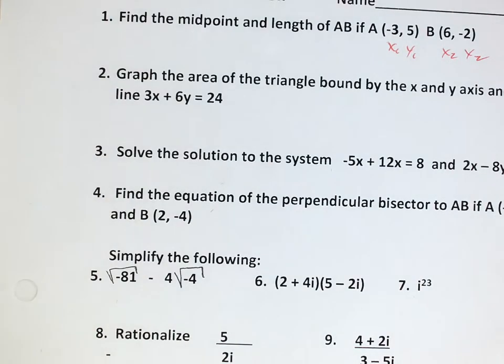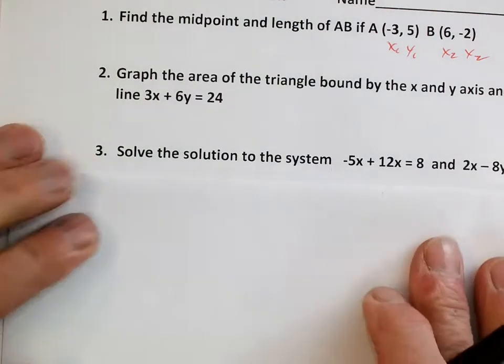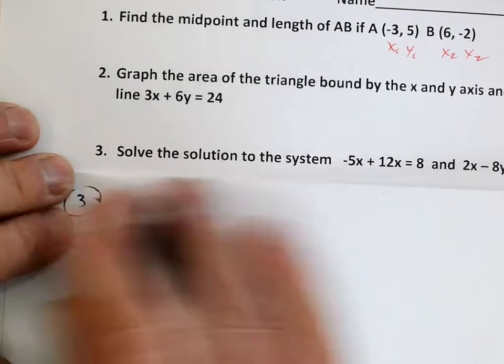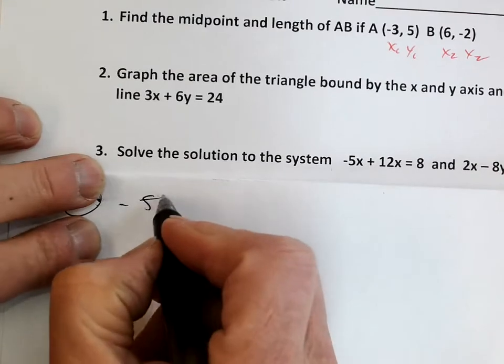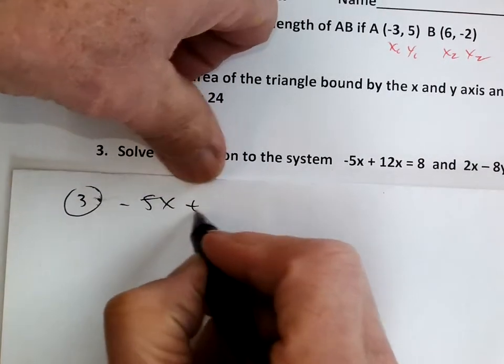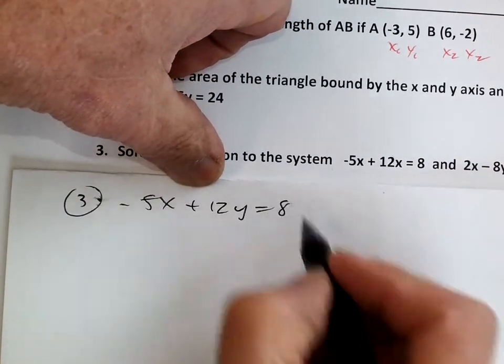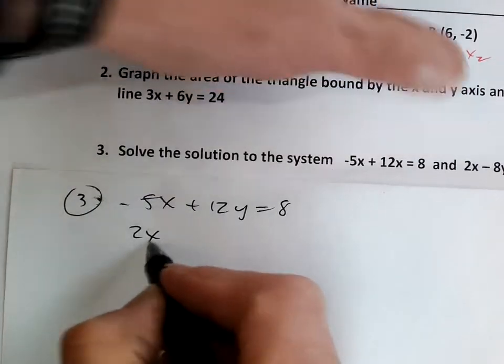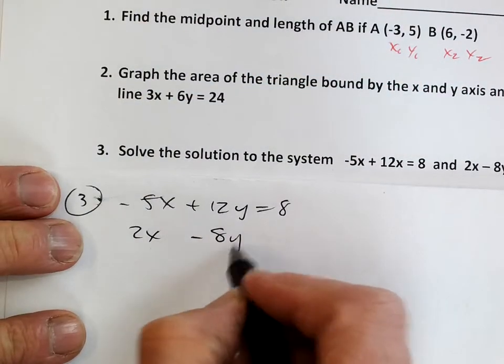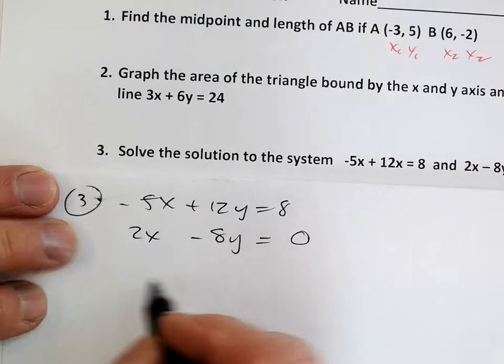Okay. Number three, I want to solve this system. I'm going to probably do it by elimination. I'm going to line them up. So number 3, I'm going to go negative 5x plus 12y equals 8. And I'll go 2x minus 8y equals 0.